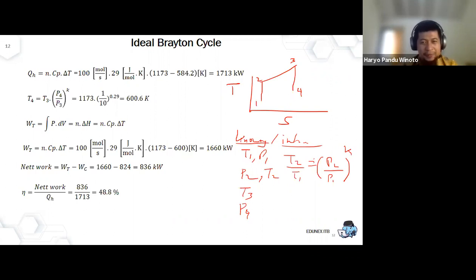We are having an issue solving the delta H, because the delta H is symbolized with n Cp delta T. That's the use of this equation and also the use of the TS diagram.